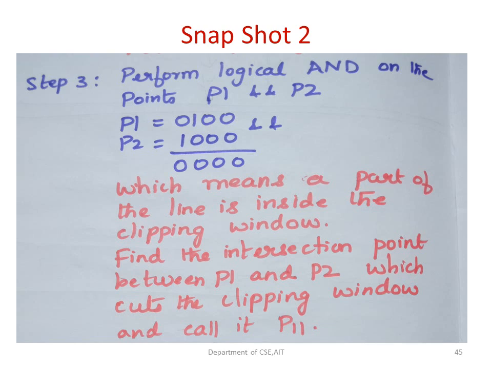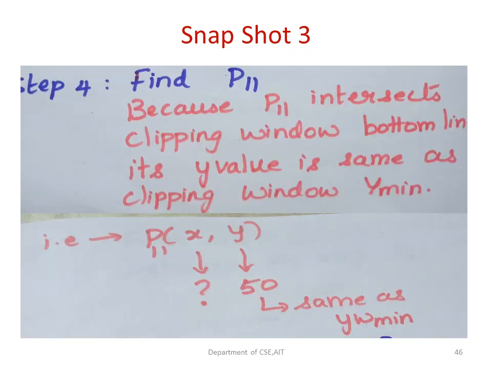The intersection point between P1 and P2, we will call P11. After finding P11, we know that P11 is cutting the clipping window's bottom border.